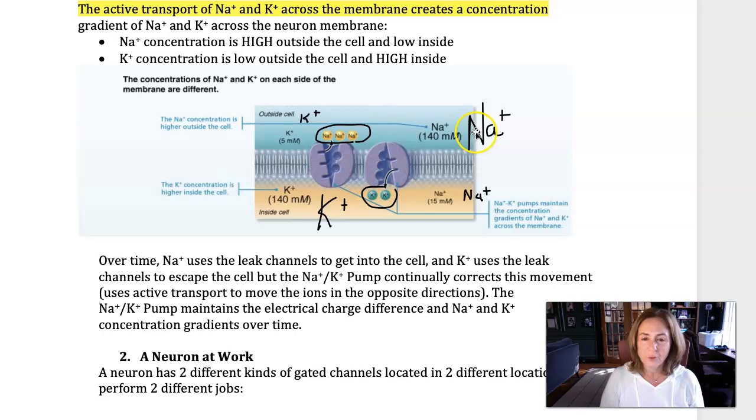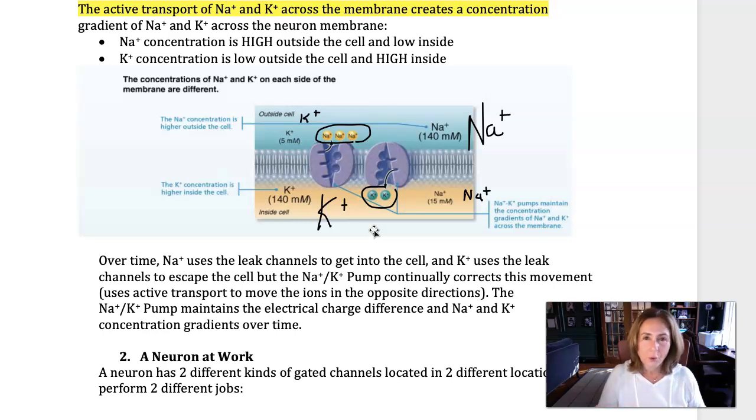It means that sodium is going to use those leak channels to leak into the cell, but our sodium-potassium pump will use energy to eject that sodium back out. Potassium is a high concentration inside the cell, low concentration outside the cell. Potassium will continually leak out, but our sodium-potassium pump will use energy to take that potassium that escaped and put it back in.